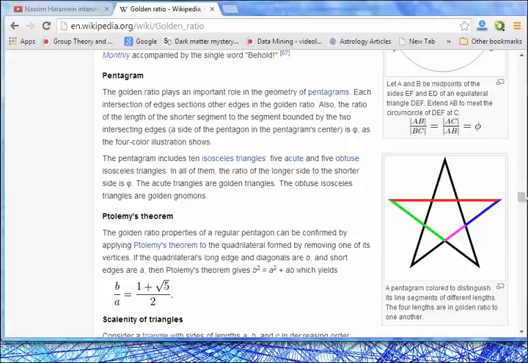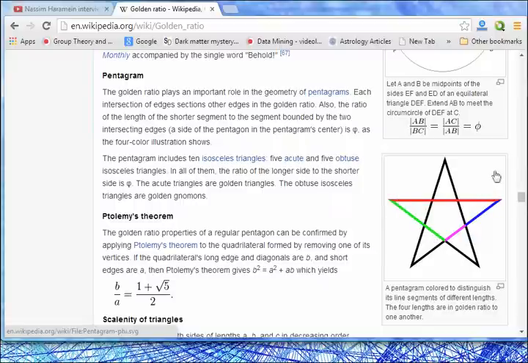Let's see here. Here's the article on the golden ratio in Wikipedia, and it shows the pentagram, as a 5-pointed star, and how the line segments, like this purplish color, is in the golden ratio to the bluish line segment, which is in the golden ratio to the green line segment, which is in the golden ratio to the red line segment.